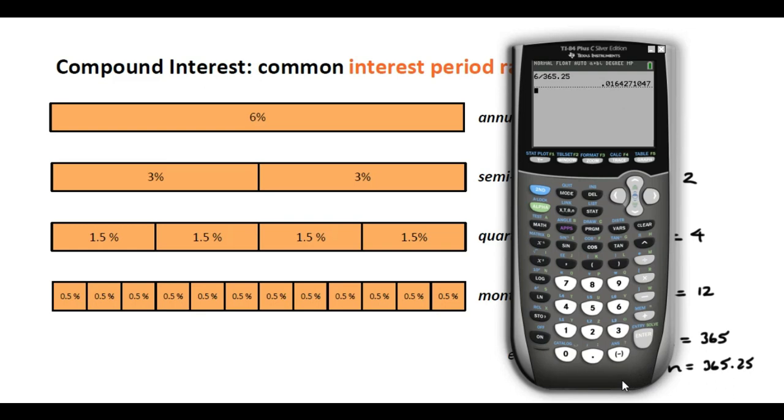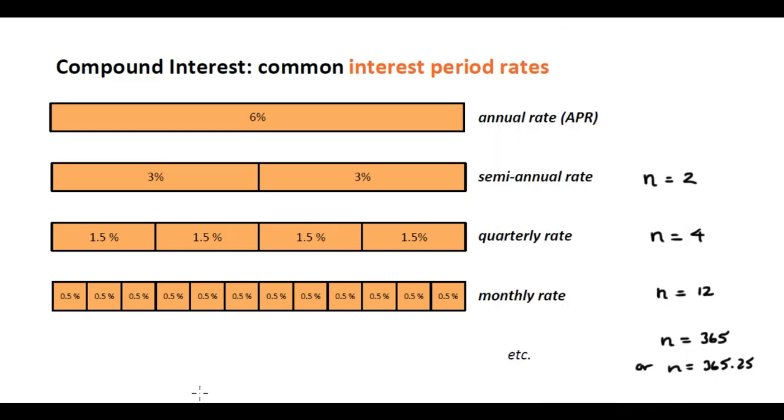Right, so it almost seems like you're getting free money, but remember, if you multiply that daily rate by 365.25, you realize it's actually a 6% annual percentage rate. So those are the standard compounding periods, or interest periods, that you will see in all of your practice problems.